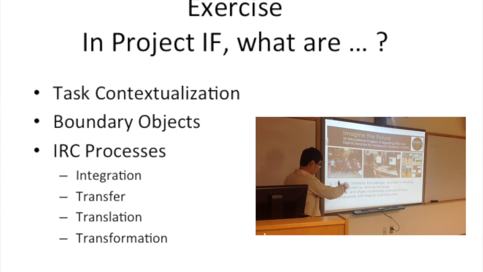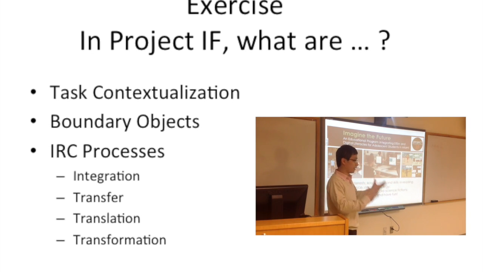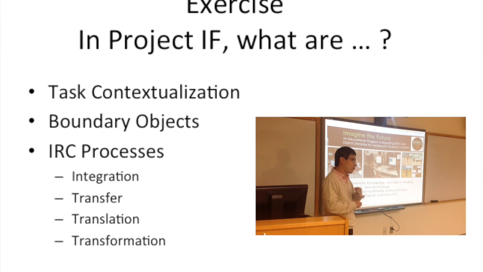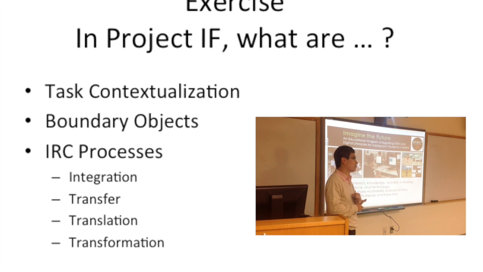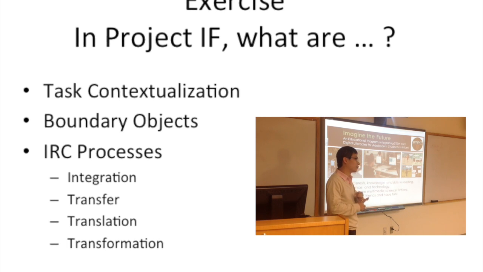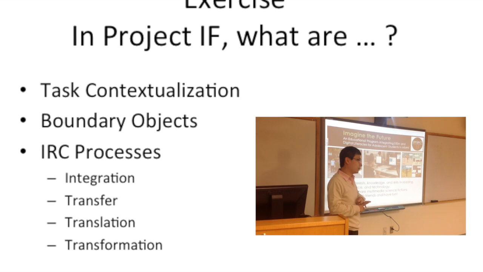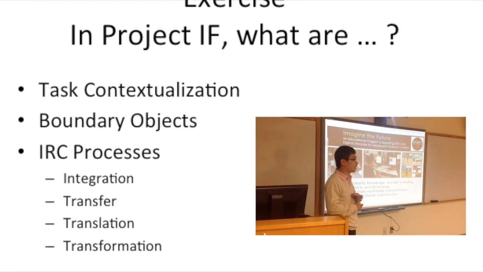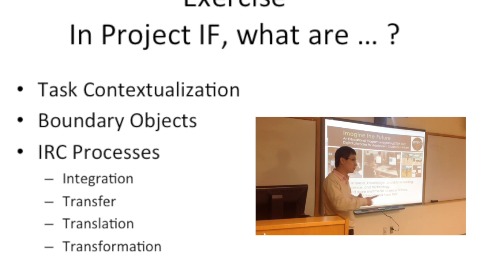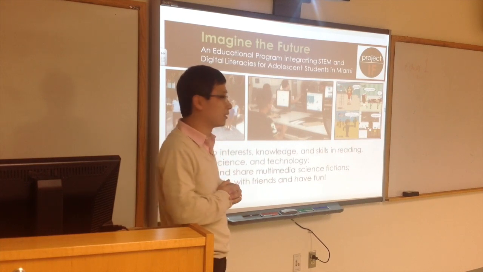After I describe the project, the program, you need to reflect, write it down. In your view, what's the task contextualization? What are some of the boundary objects that you can think of in this project? And what are the IRC processes that can be facilitated? The integration, translation, transfer, transformation processes that can be facilitated in a program.